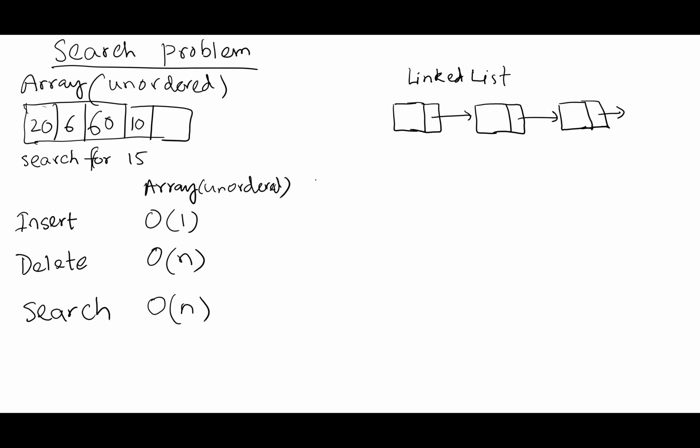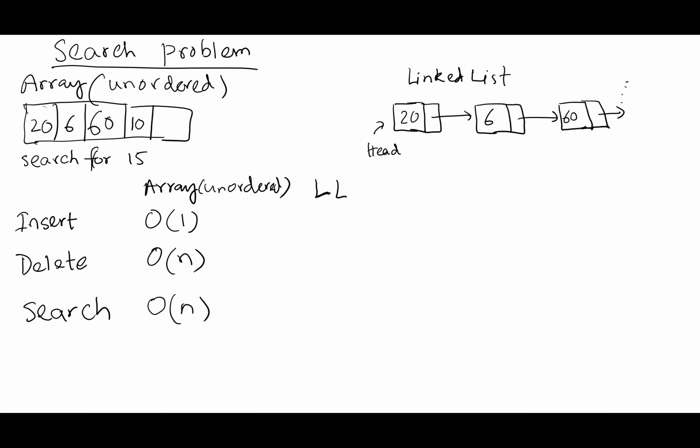Okay, so let's talk about the linked list. Suppose there are already some values here, 6, 60. Now let's add another value, insert 10. For the linked list, we know that there are 2 pointers: one is the head pointer, and the other is the tail pointer.